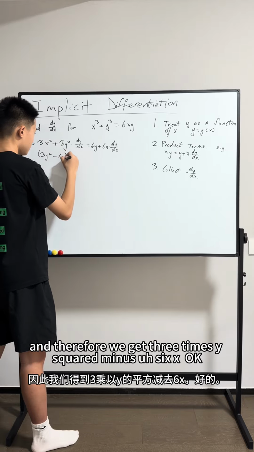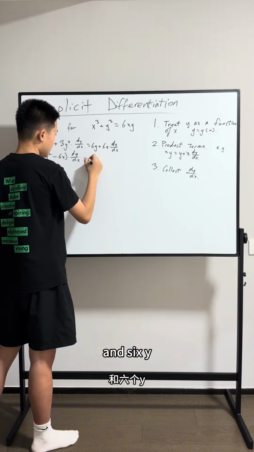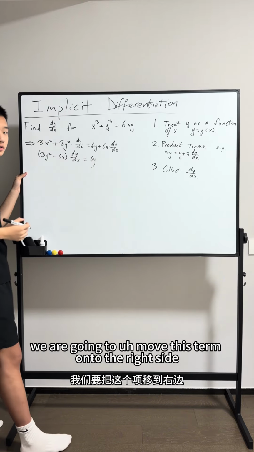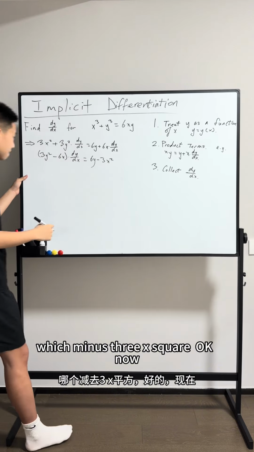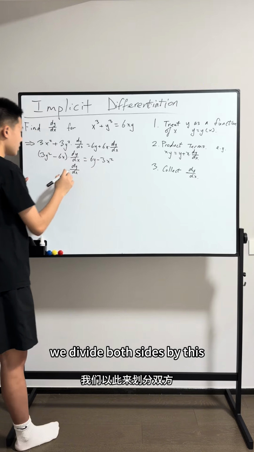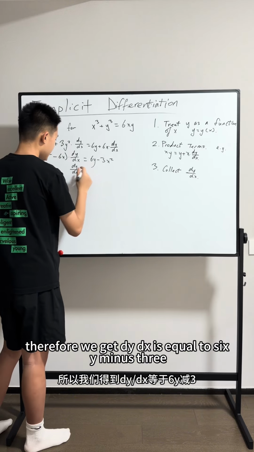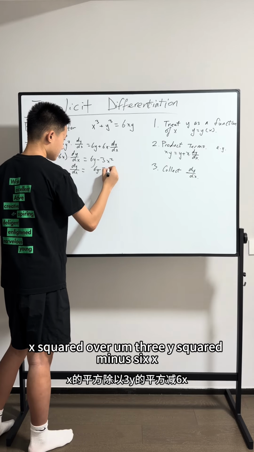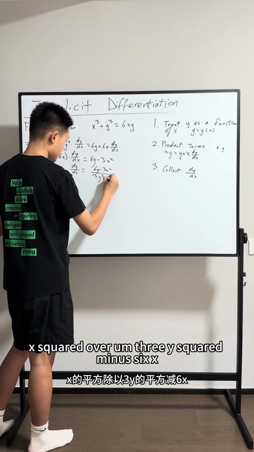Collectively we have dy dx on the outside, and then 6y, we are going to move onto the right side, minus 3x squared. Now we divide both sides by this, therefore we get dy dx equals 6y minus 3x squared over 3y squared minus 6x.